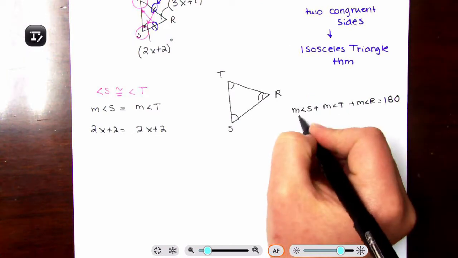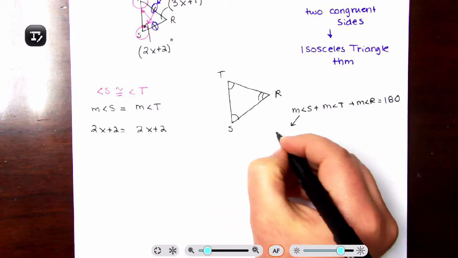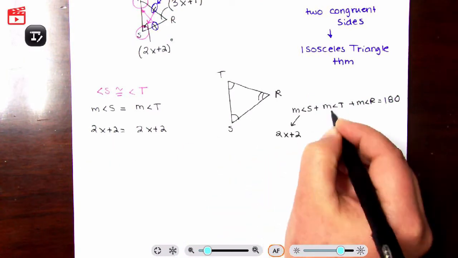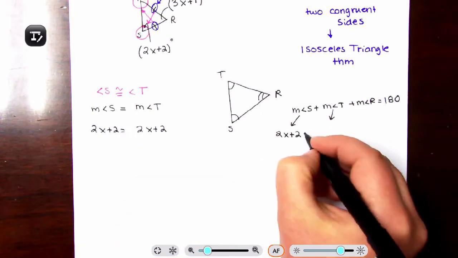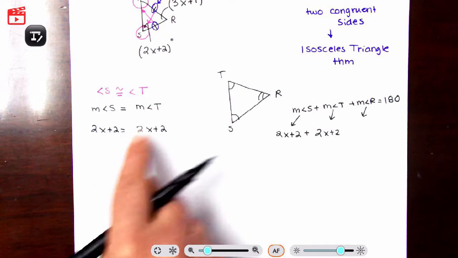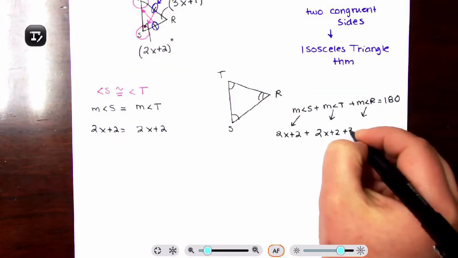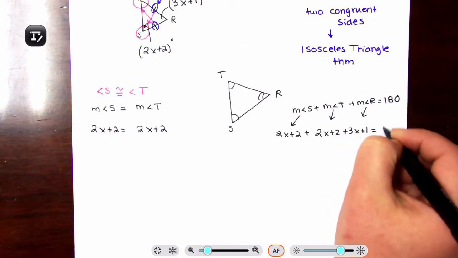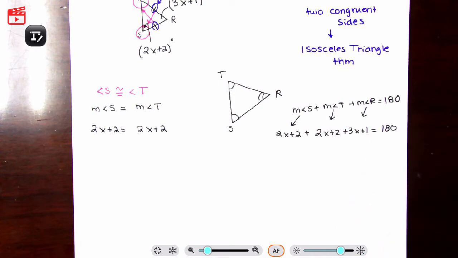So we know that the measurement of angle S is 2x plus 2. We know that the measure of angle T is also 2x plus 2. And we know that the measurement of angle R is 3x plus 1. And all of that's supposed to equal 180.